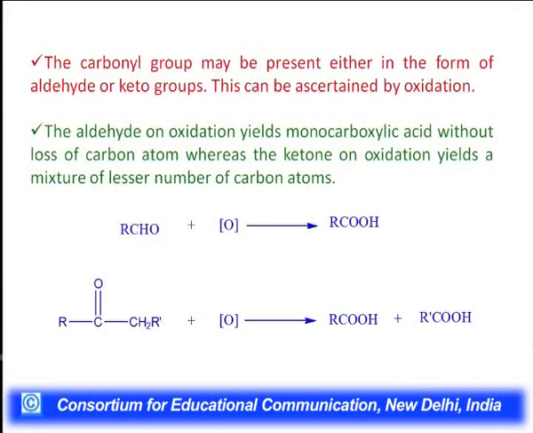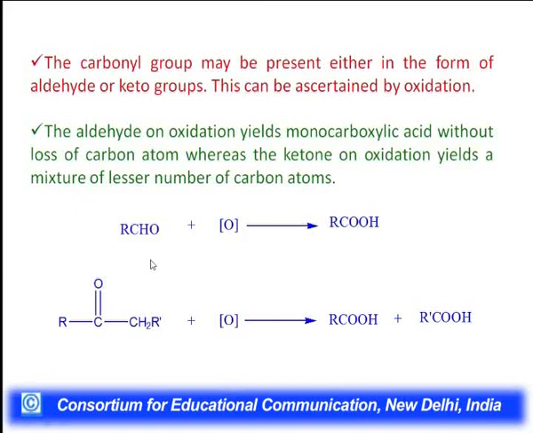The carbonyl group may be present either in the form of aldehyde or in the form of ketonic group. This can be ascertained by the oxidation methods. The aldehyde on oxidation yields the monocarboxylic acid without the loss of the carbon atom. Whereas if the carbonyl group is a ketone, then on oxidation it will yield a mixture of acids with a lesser number of carbon atoms.